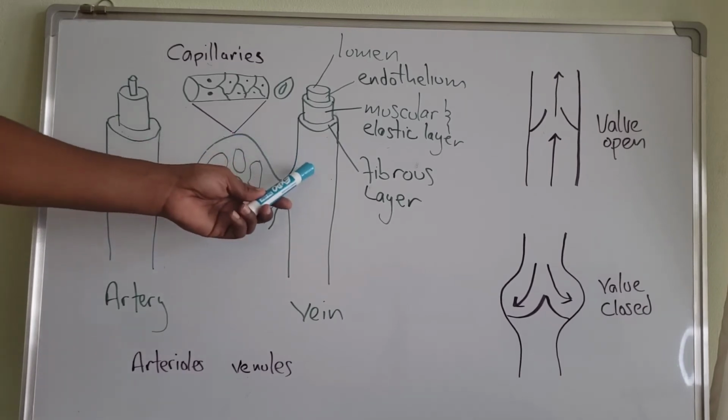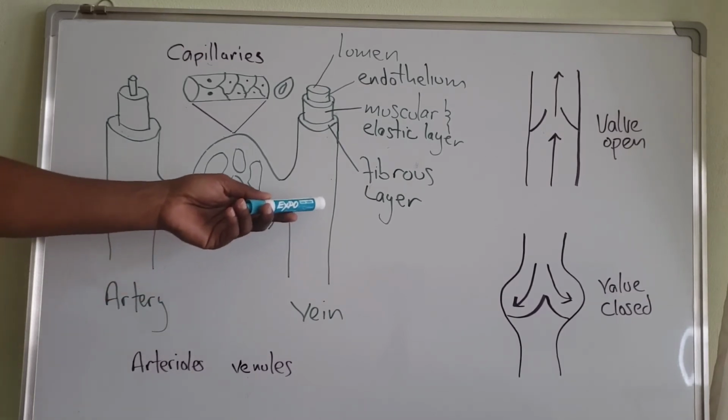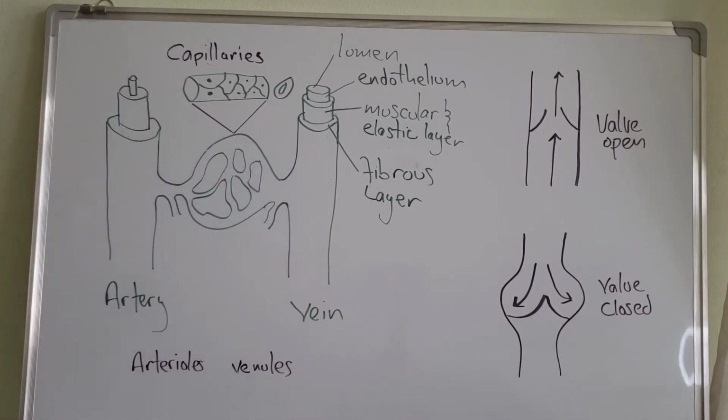Another structure that is found in veins is that of the valves, right? I just mentioned that arteries maintain high pressure. The blood in them is under high pressure, and that's what propels the blood through the body. But there's no pressure in the veins. And so the way that blood moves in the veins is through muscle contraction.